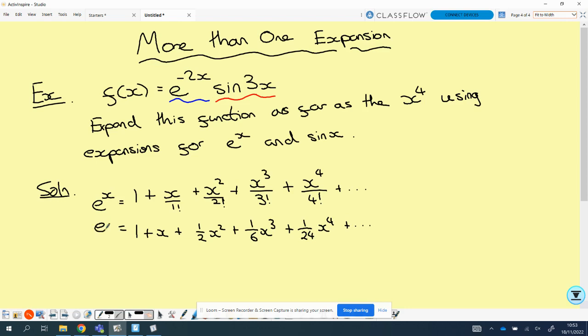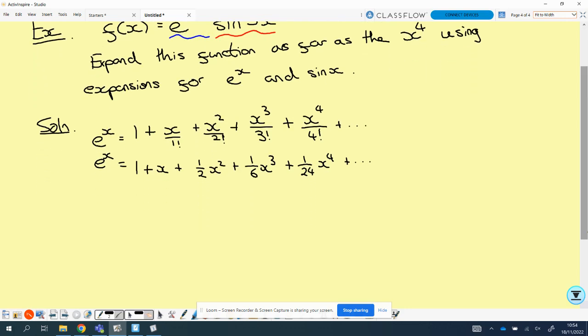Okay, now what I'm asked to do is try and expand e to the negative 2x. Now a way you could do this is you could start with that as your original function. So that's your f of x, and you put 0 into it and get f of 0. Differentiate it, f dash 0, differentiate it again, all that stuff, right? Or you can use the fact that we know what e to the x looks like. The only thing I need to replace the x's with is negative 2x's.